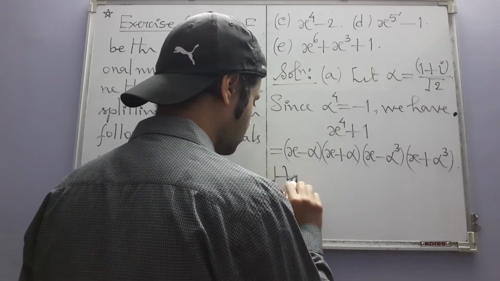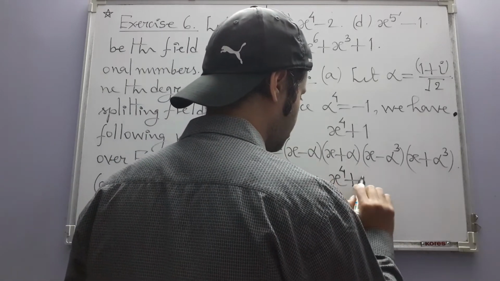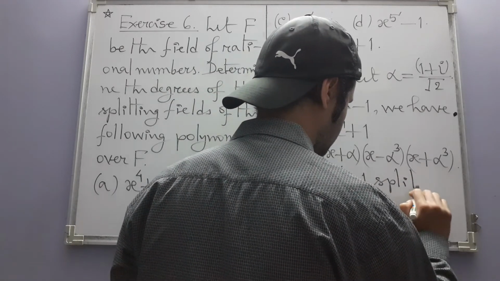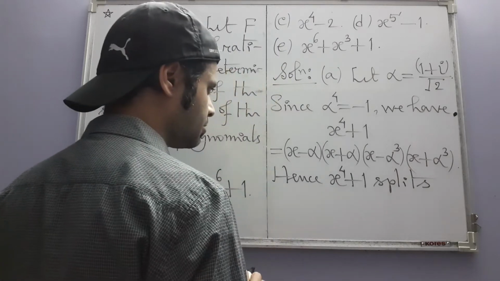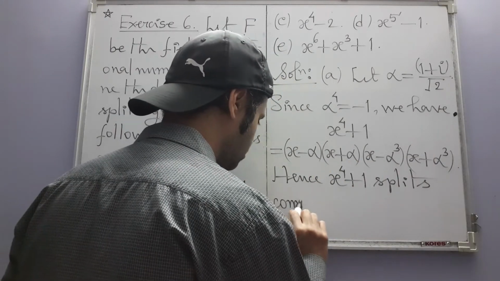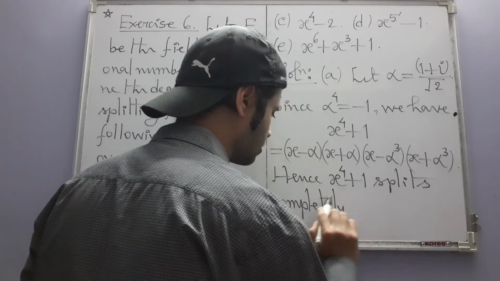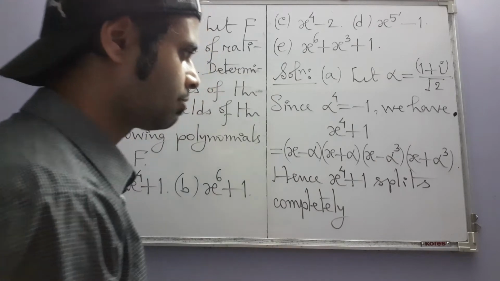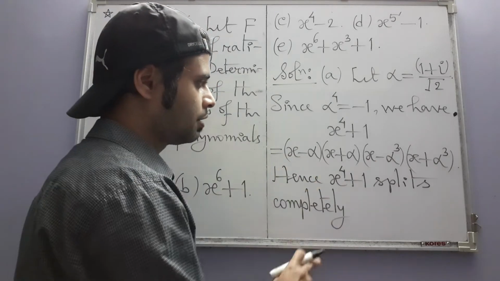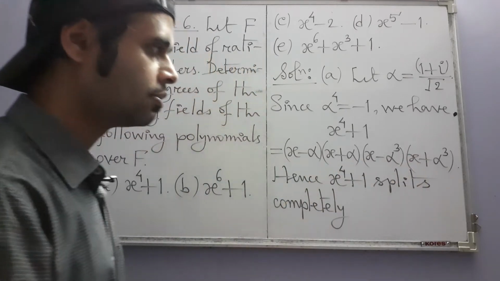Hence, x to the power 4 plus 1 splits completely, as a product of linear factors. It can't go below that. These are the atoms of the universe in which this splitting is going on.